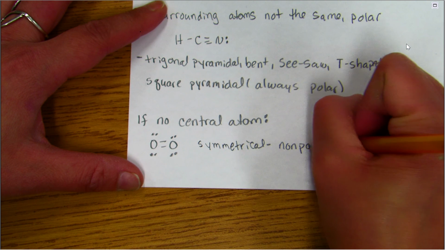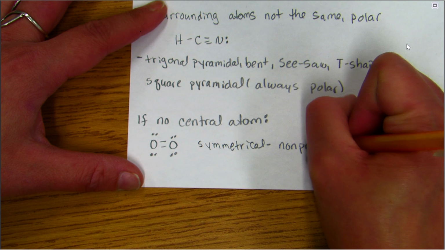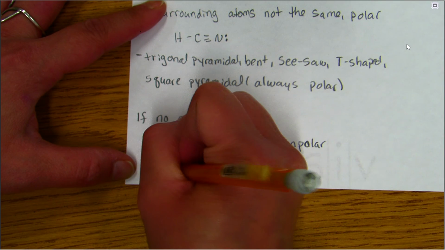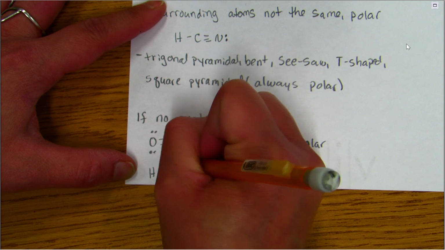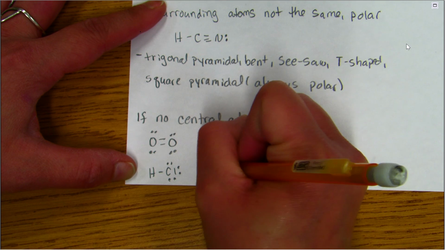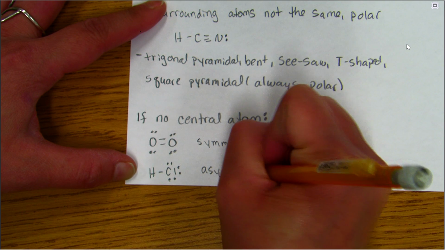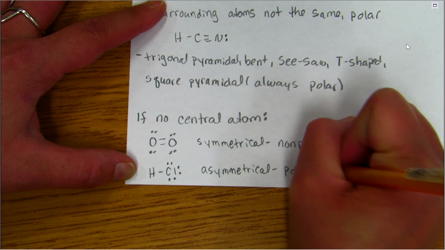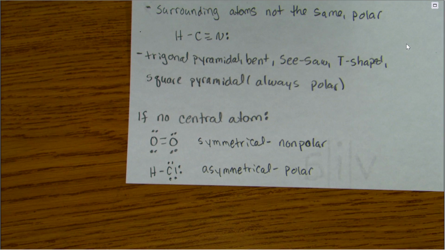Now notice there is no central atom here. That is the key. No central atom. If it is asymmetrical, it is a polar molecule.